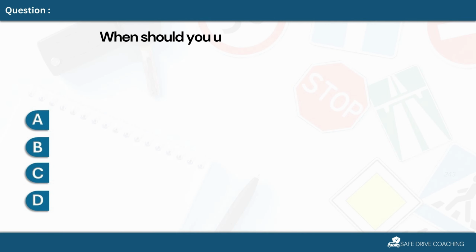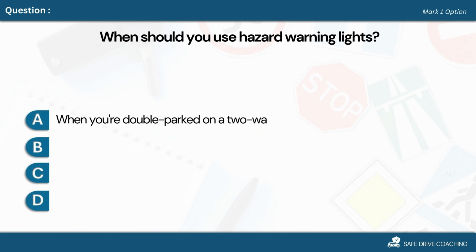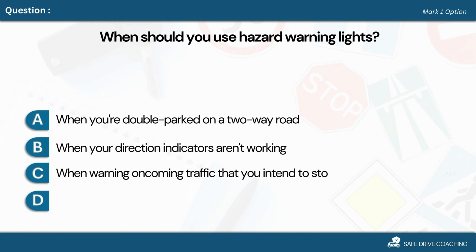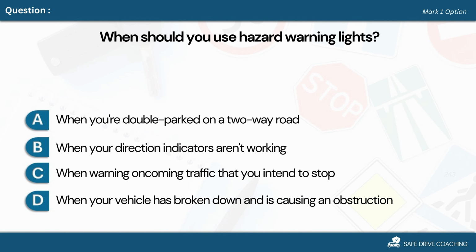When should you use hazard warning lights? A. When you're double parked on a two-way road. B. When your direction indicators aren't working. C. When warning oncoming traffic that you intend to stop. D. When your vehicle has broken down and is causing an obstruction.